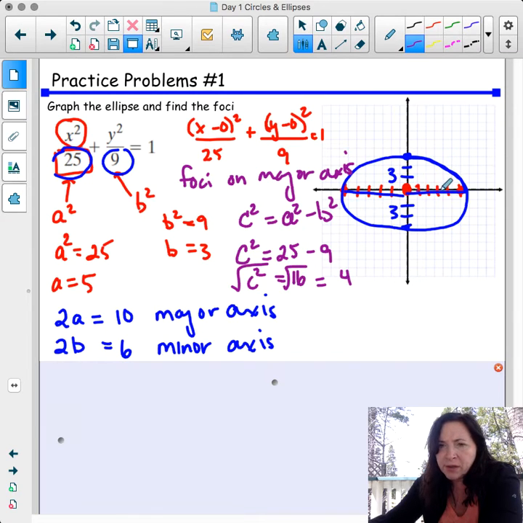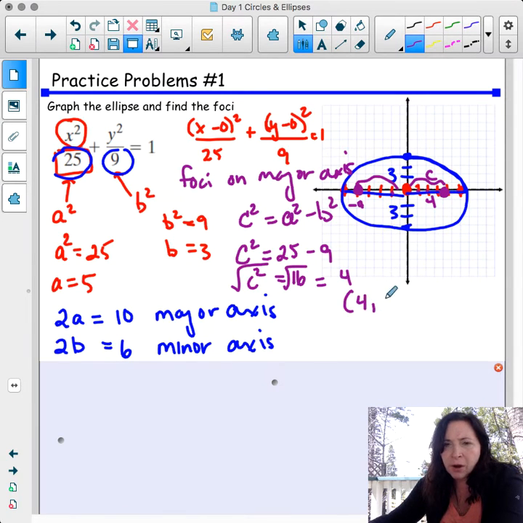So in the x direction, 1, 2, 3, 4, there's my c value right here. That's c, which is 4. And then going the other direction right here, that's my focus point here. That's a negative 4. So that's negative 4, 0, and this is positive 4, 0. So my focus points are at 4, 0 and at negative 4, 0.